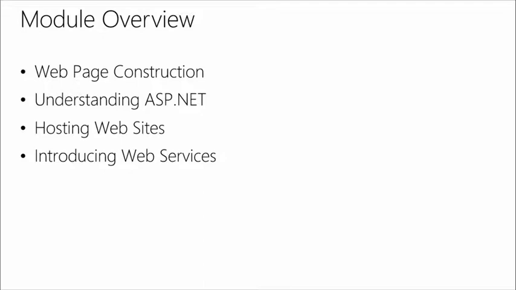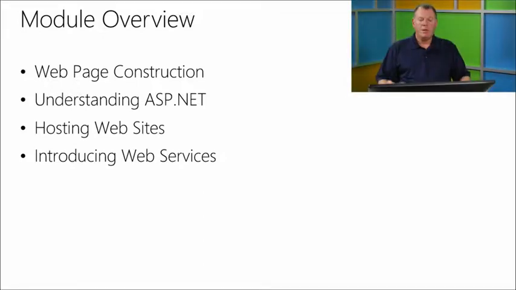We'll talk briefly about how those sites are hosted on the different platforms. In this case, we'll focus on Microsoft's platform, Internet Information Services. And we just want to gain an understanding of how the hosting of this information takes place on a web server itself. And then finally, we'll take a quick look at what a web service is, so an introduction to what they are and how they provide functionality within the programming world.